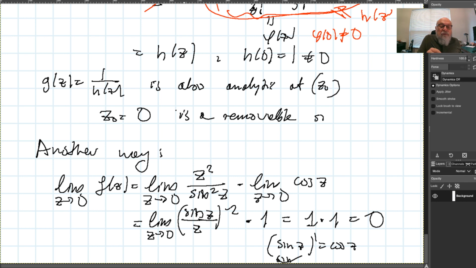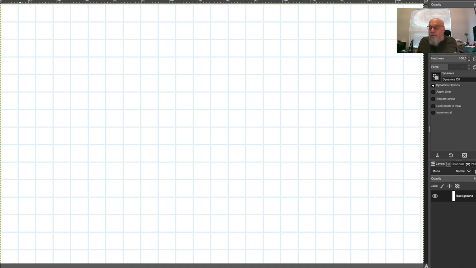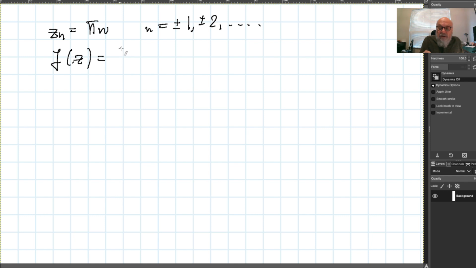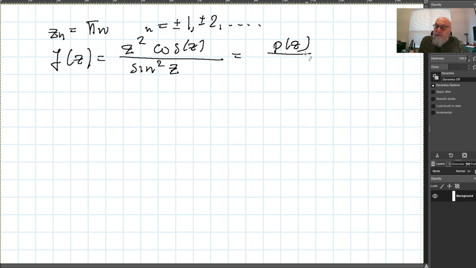I just want to go to the next portion, and maybe let's do a couple more, because we have the points zn as well, which is equal to pi n, where n equals plus minus 1, plus minus 2, etc. Again, we already checked for cosine, so we need to write down that my function f of z is equal to z square times cosine of z divided by sine square of z, and here call the numerator p of z, the denominator q of z.